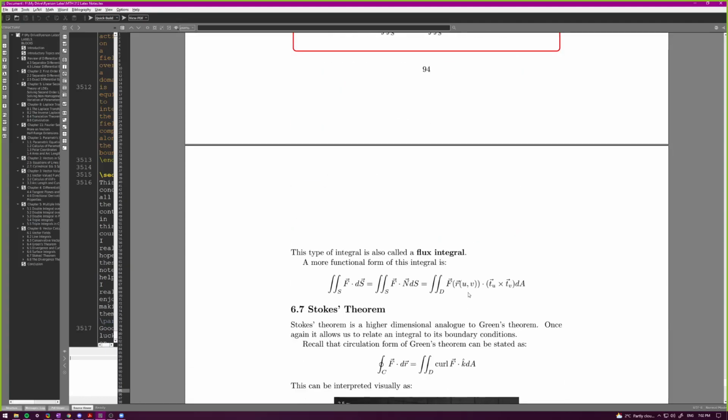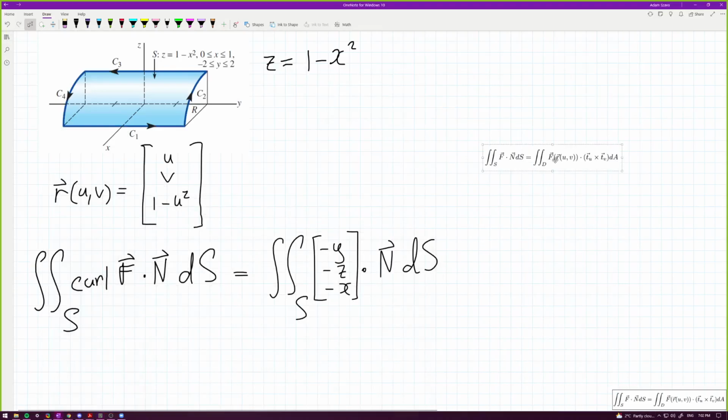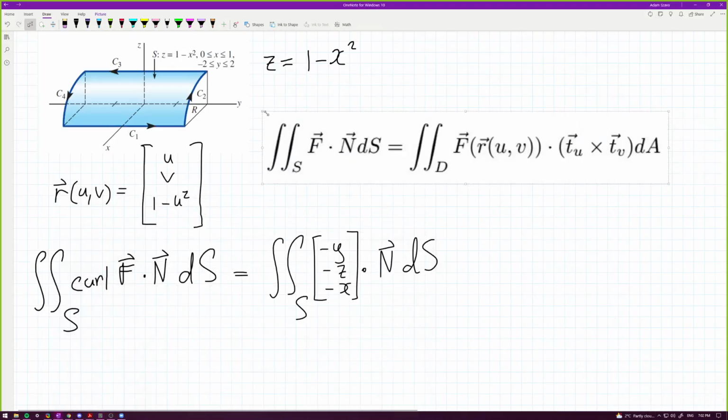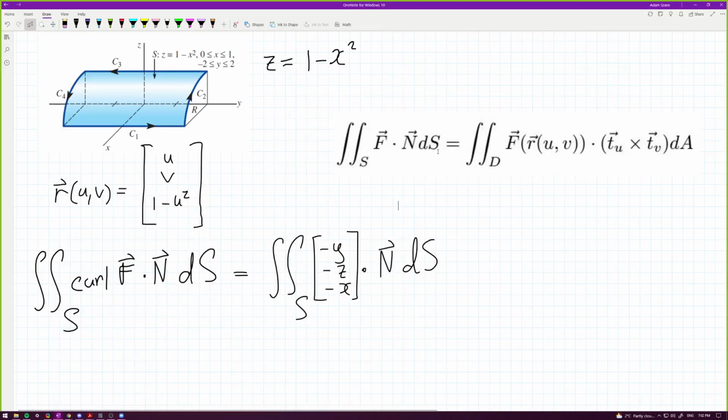There it is. Okay. So if you have something like this, we're going to apply this formula, which is just saying that to do this, you just evaluate the vector field at the parameterization, and then you need to find these tu cross tv vectors. So now we've got to figure out what those are.